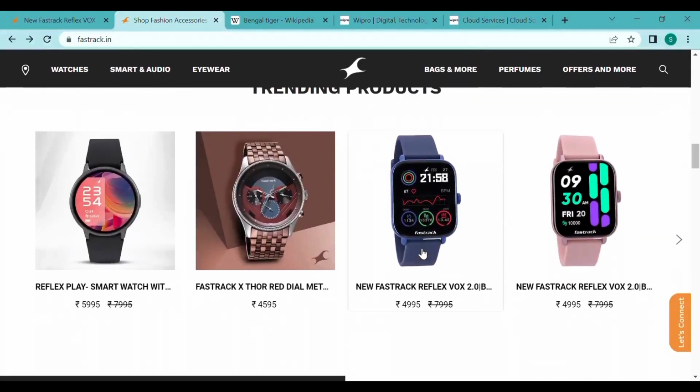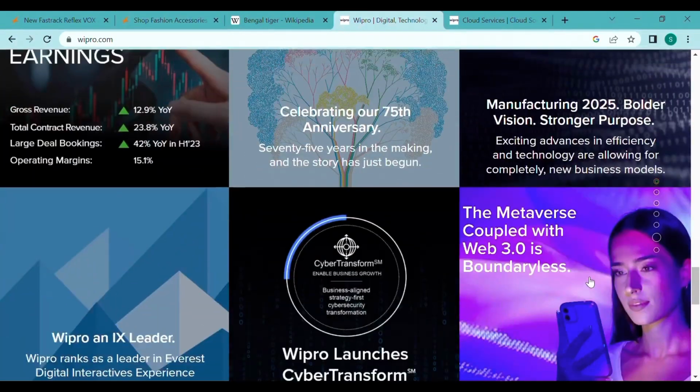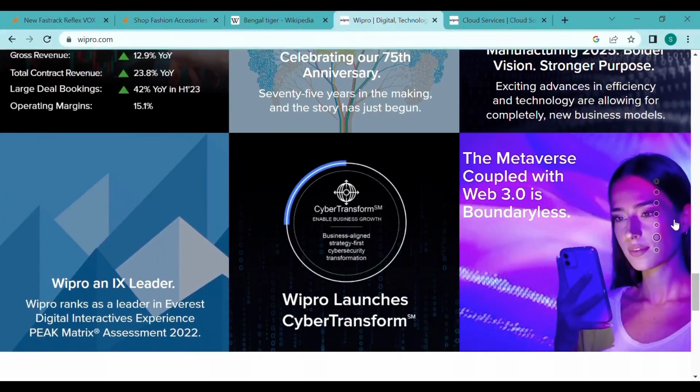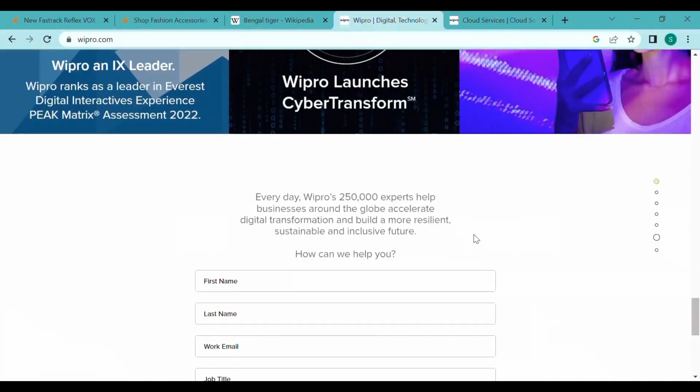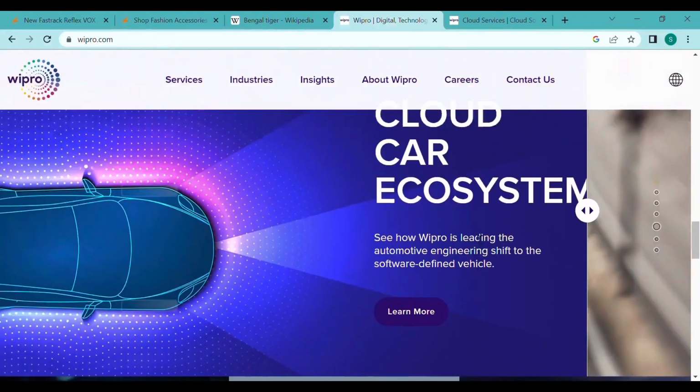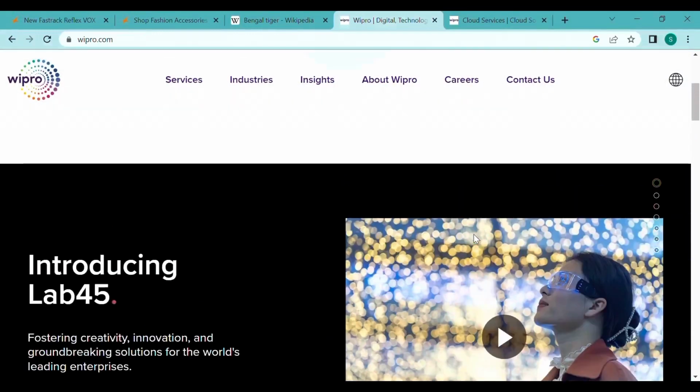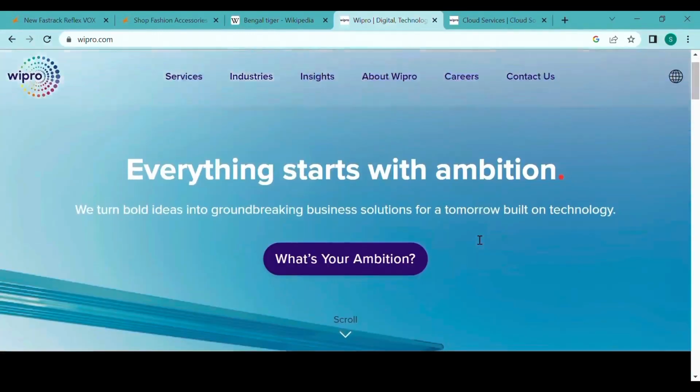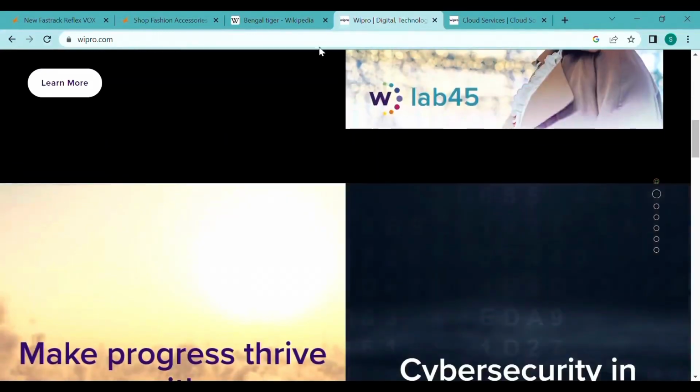And one thing in the Wipro website is that these dots show where we are, how much more there is. So knowing that some process is taking place is important.